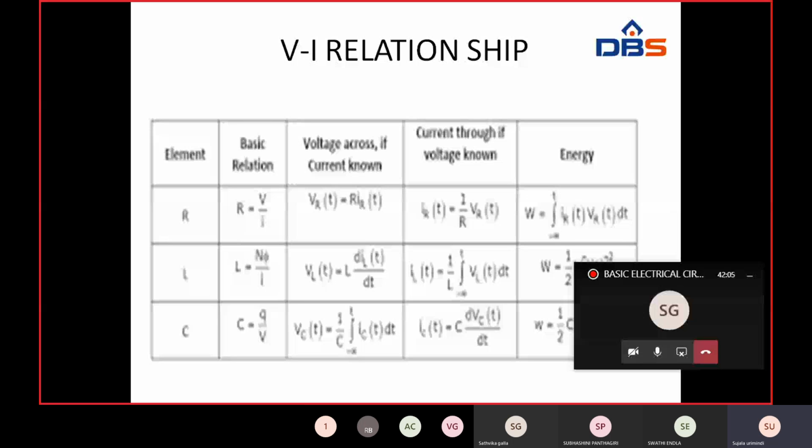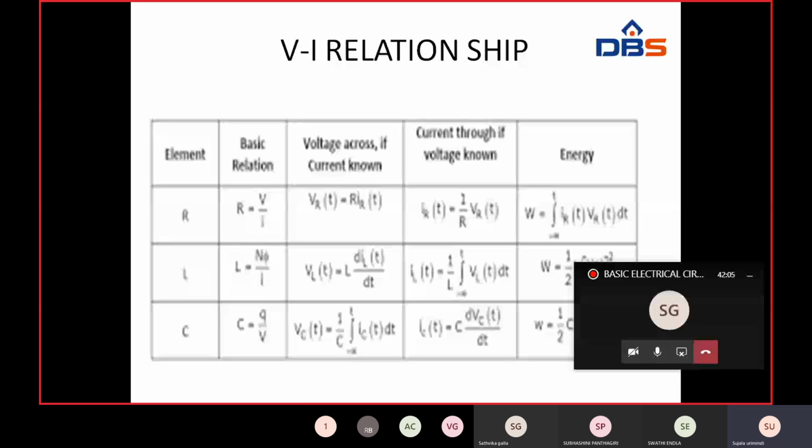Same thing for R4, positive and negative, depending upon the direction. But here R5 also, this is positive. Here it is mentioned as negative, but it is wrong, it is positive, and the next one is negative. So we observe that entering of current is positive.